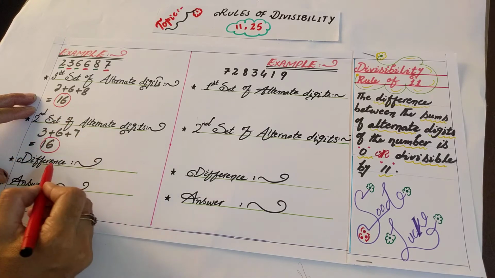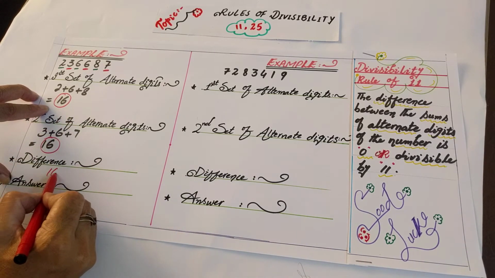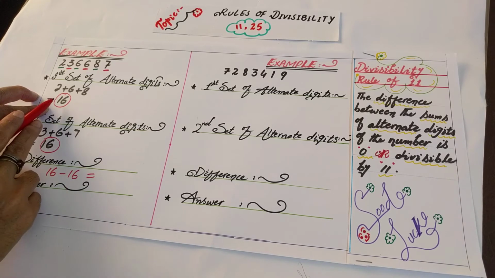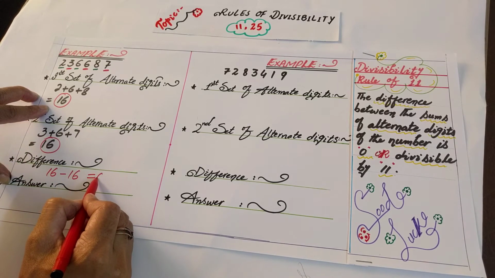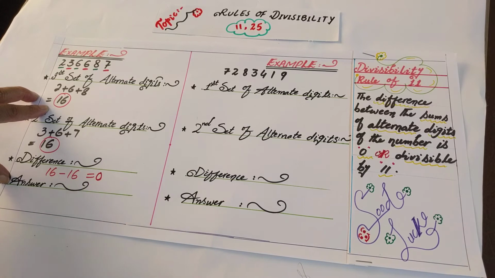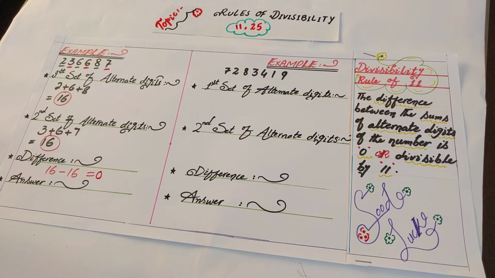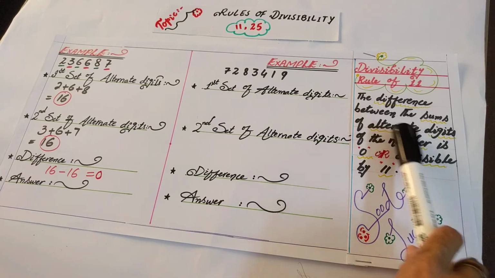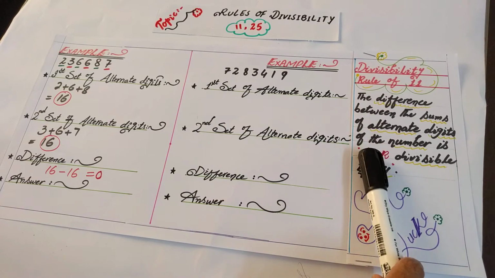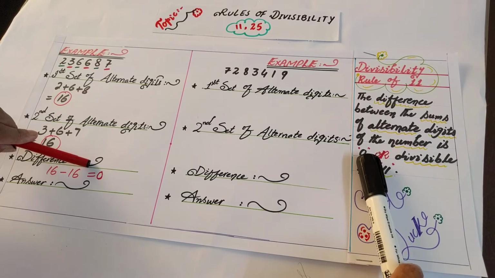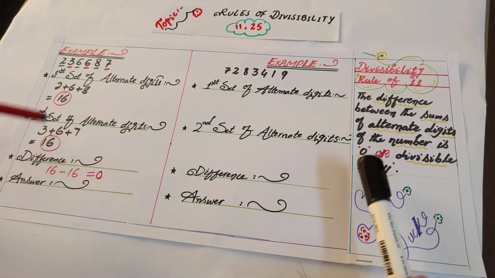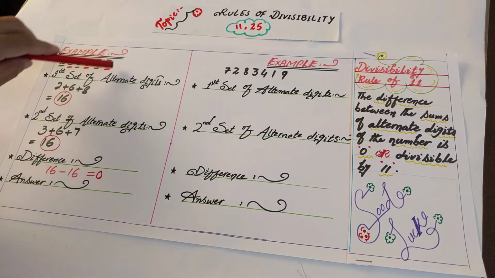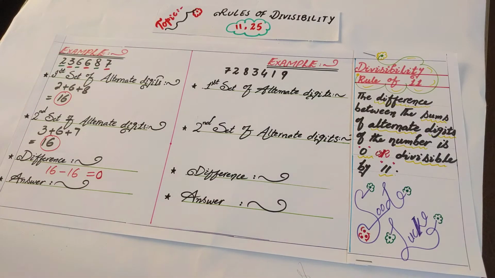Difference means subtraction. 16 minus 16 is equal to 0. It means you are getting this one condition: the difference of the sums of the alternate digits of the number is 0. It means if the difference is 0, then this whole given number is divisible by 11.